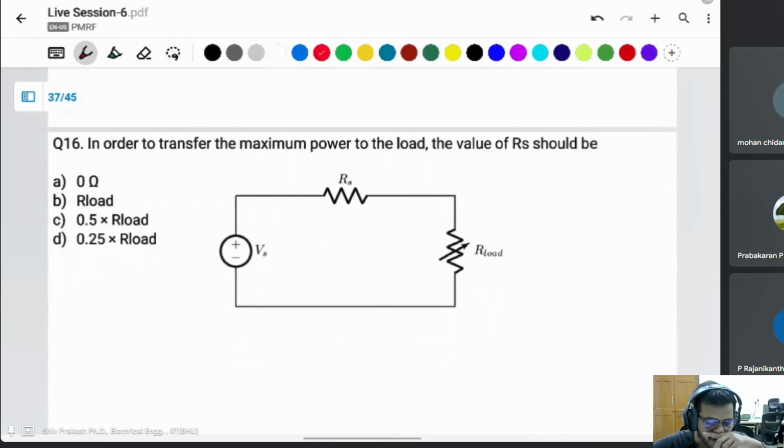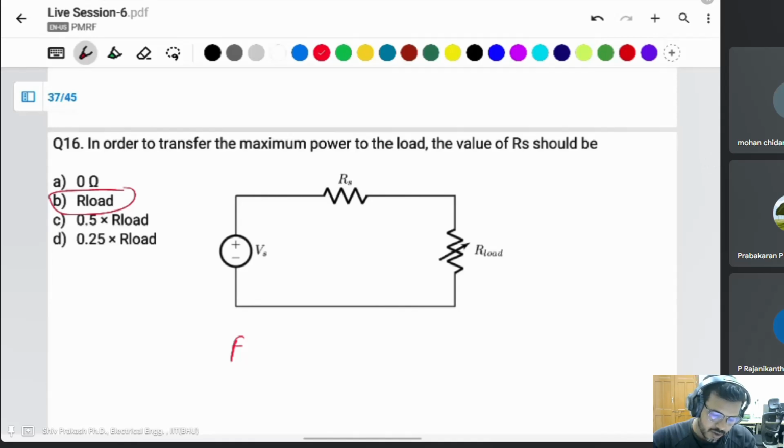In order to transfer the maximum power to the load, the value of RS should be? This is simple. Anyone can guess what the RS is for maximum power? B is the R load. R load, okay.